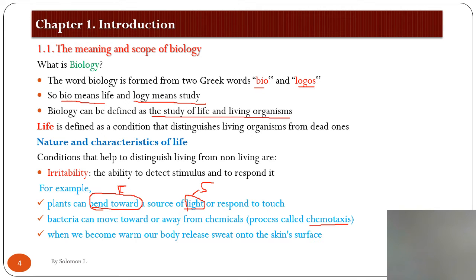Therefore, chemicals are stimuli, whereas moving towards or away from chemicals is a response. When we become warm, our body releases sweat on the skin surface. Therefore, warmth is a stimulus, whereas releasing sweat is the response. So this is irritability.